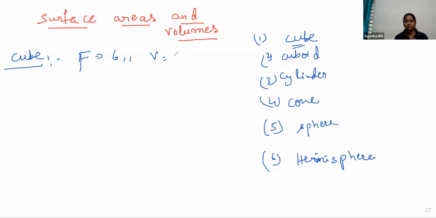See, you are sitting in the room, no? Just see the corners. Count and tell me fast. For cube and cuboid, faces, vertices, and edges are all the same. Vertices: 8. Did you count it in the room or not?